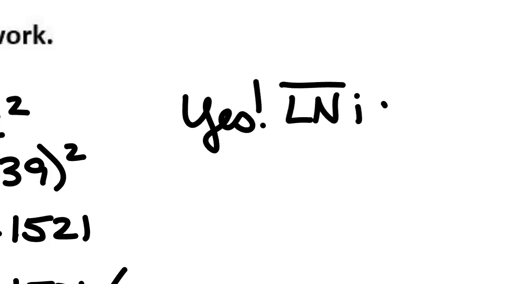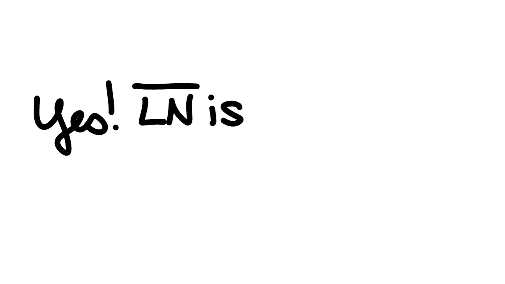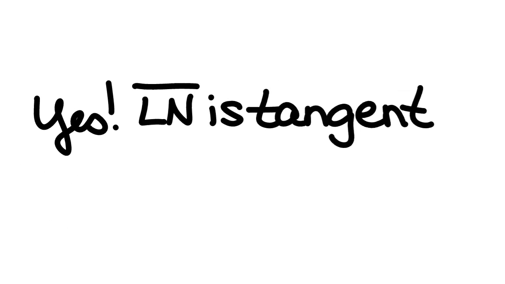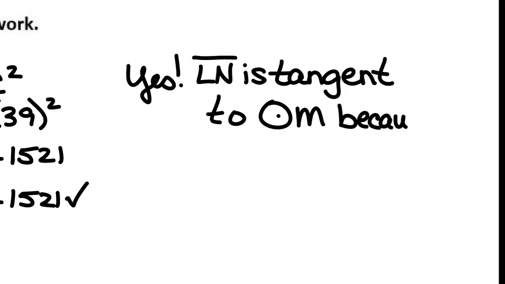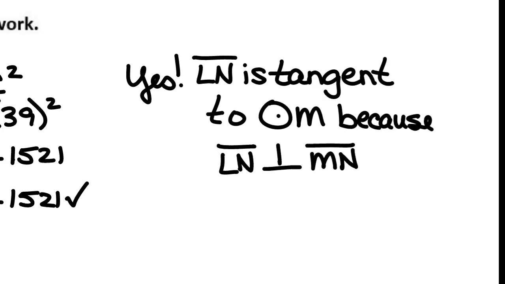LN is tangent to circle M because segment LN is perpendicular to the radius MN.